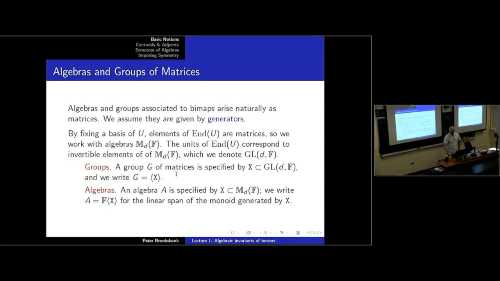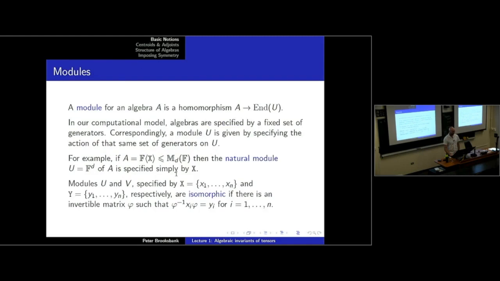Okay. So very quickly, modules. Again, from Alexander's talk this morning, you may recall some talk about modules for both groups and algebras. So I guess the theoretical definition is that you've got a homomorphism from your algebra into the endomorphism ring of a module U. And you may recall that in our computational model, we're going to assume that algebras are given by a fixed generating set.